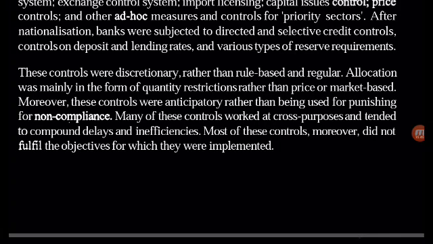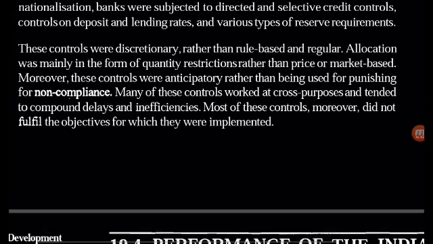Allocation was mainly in the form of quantity restrictions rather than price or market based. Moreover, these controls were anticipatory rather than being used for punishing non compliance. Many of these controls worked at cross purposes and tended to compound delays and inefficiencies. Most of these controls, moreover, did not fulfill the objectives for which they were implemented.